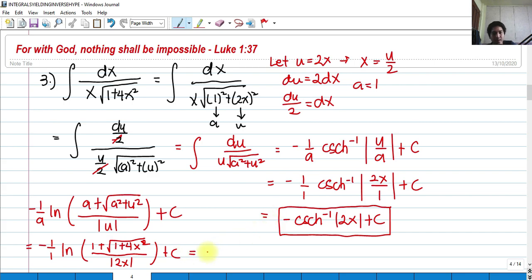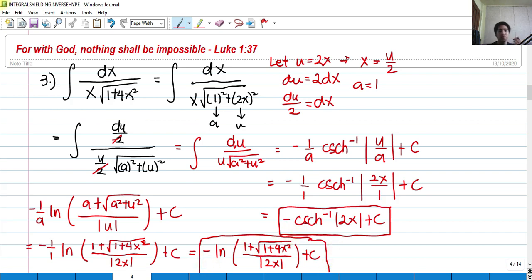So we'll be having an answer of negative ln of 1 plus the square root of 1 plus 4x squared all over the absolute value of 2x plus c. So this would be our final answer for this problem, in terms of inverse hyperbolic cosecant and in terms of the natural logarithm.